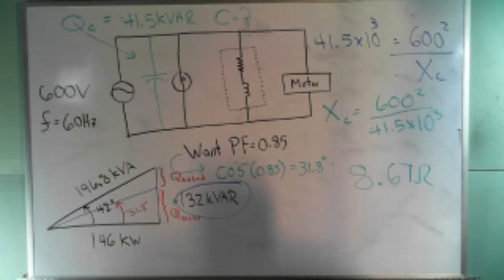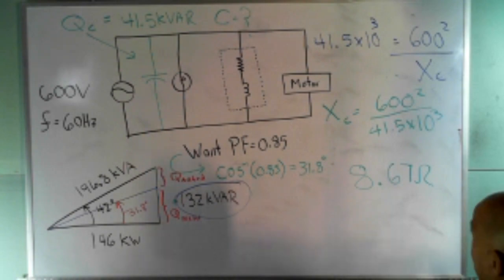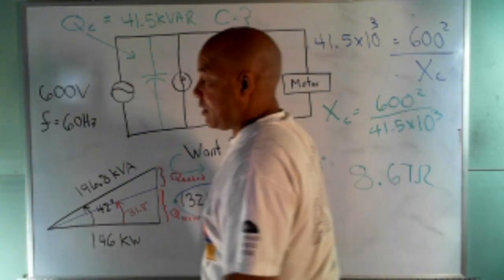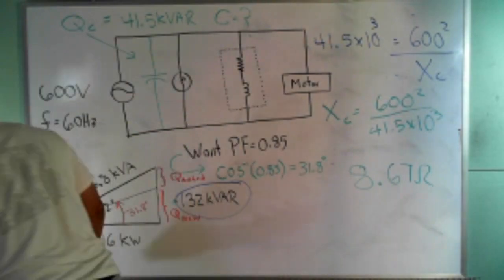All right. So we need 8.67 ohms. The question is, what is that if I convert it to farads? All I got to use is that last equation, and we're good to go.